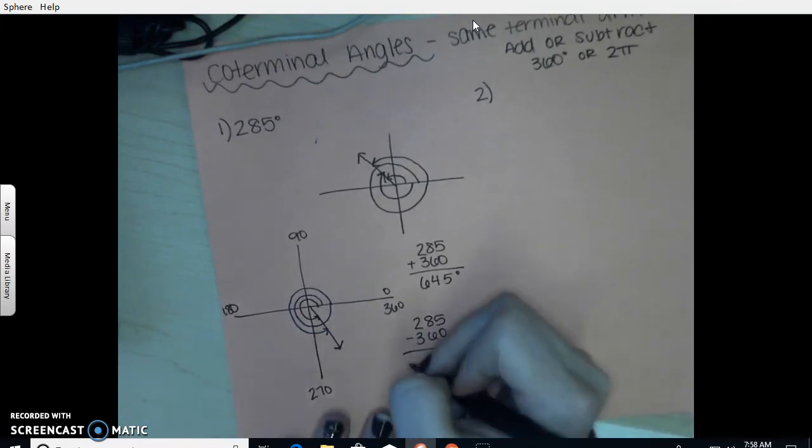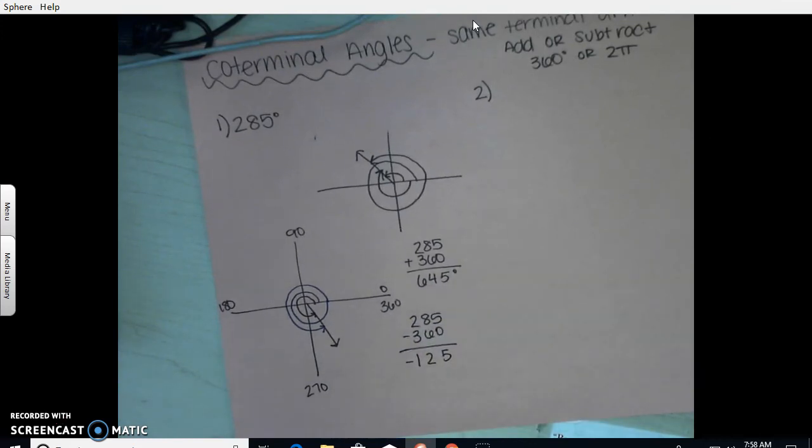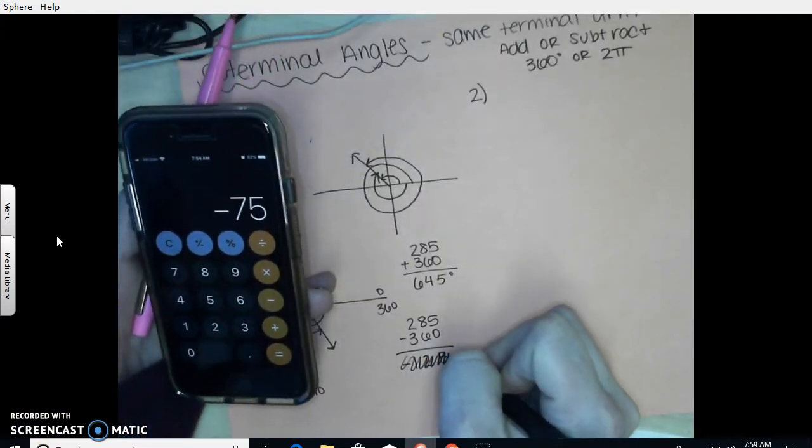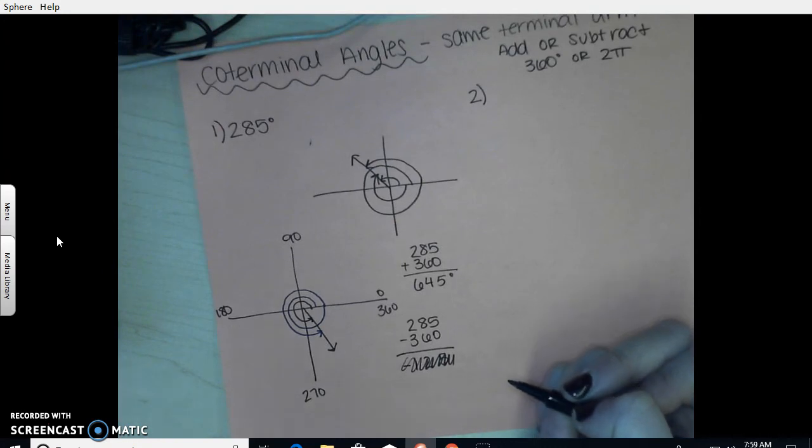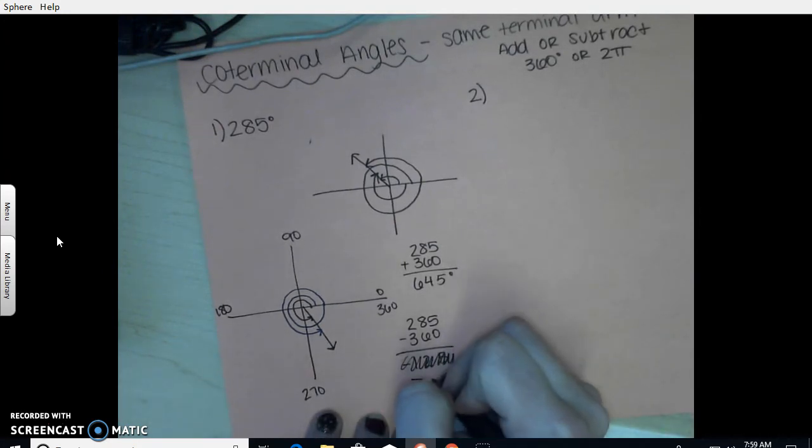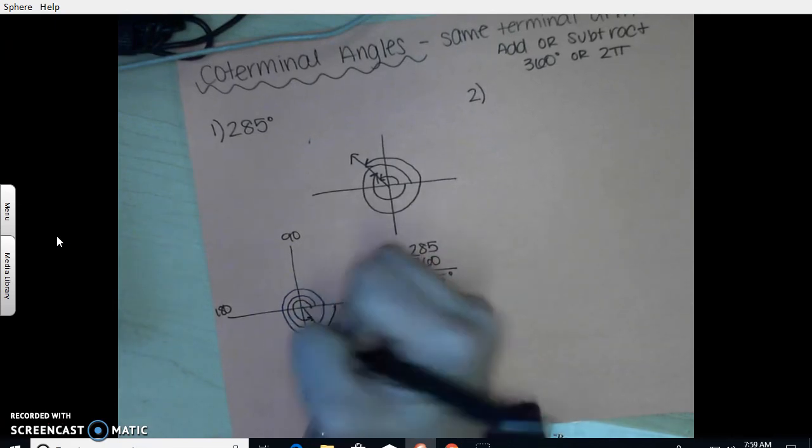And I get negative 75, which would be that angle right there.